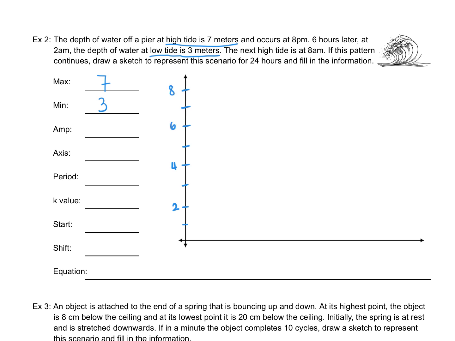Okay, so this is going to be our height in meters. And we need to do this sketch for 24 hours. So I'm going to put 24 hours at the end, 12, and just start labeling those key points.